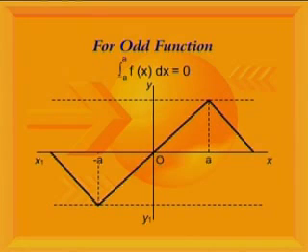And the sum of these areas will be 0. So in fact what we have concluded is that the integral of an odd function from minus a to a is always equal to 0.